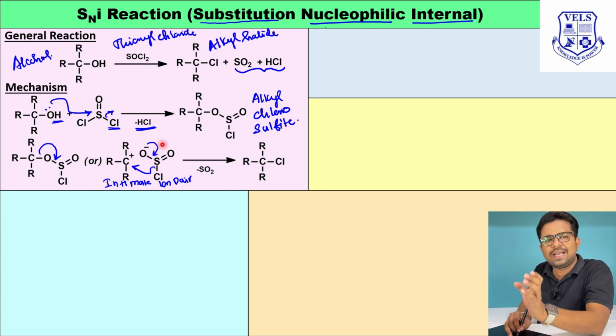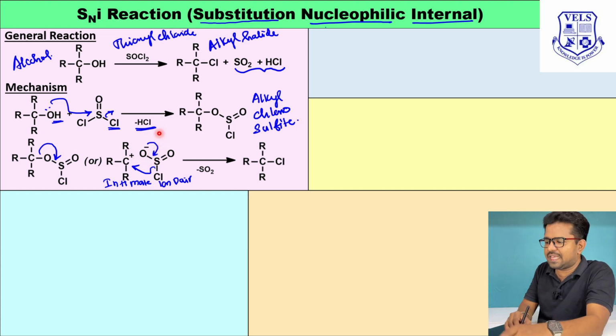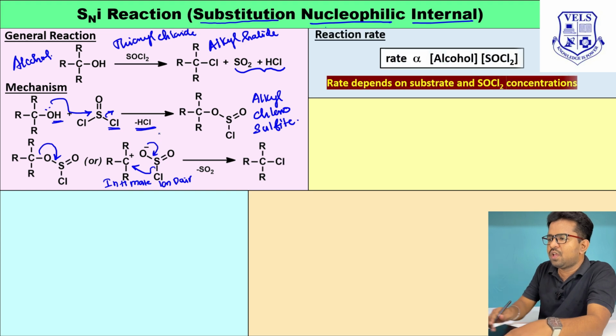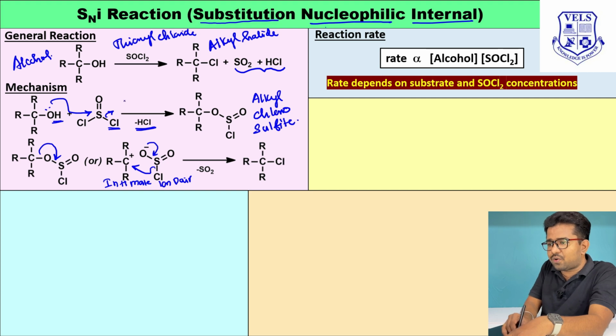With this idea, let us discuss the rate of the SNi reaction. The rate law has been given here. What is the slow step? The formation of alkyl chlorosulfite is the slow step, and this is the rate determining step. If you check the rate determining step, there are two reactants involved: alcohol and thionyl chloride.